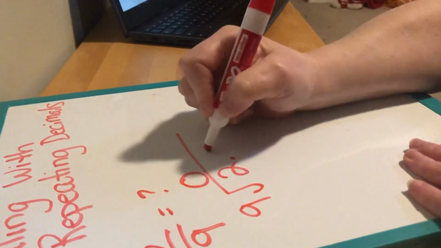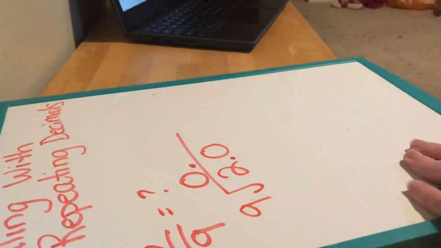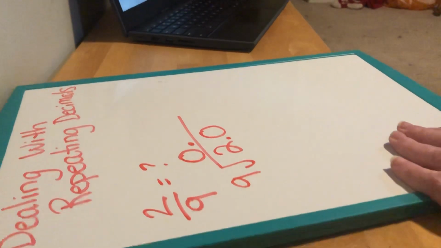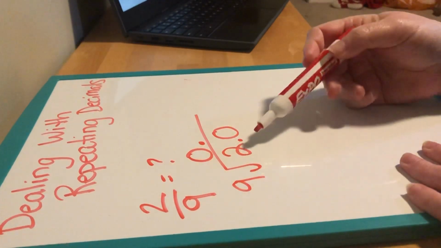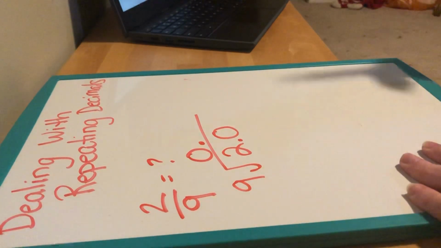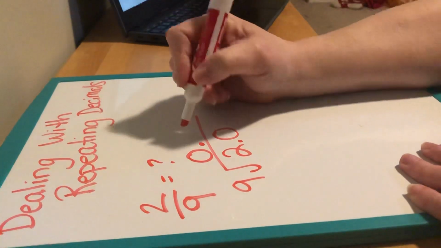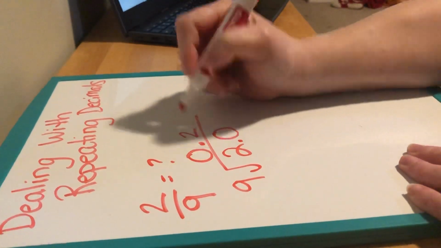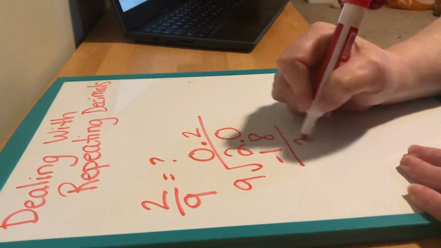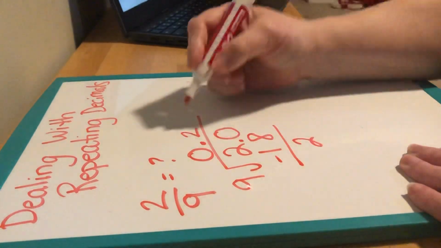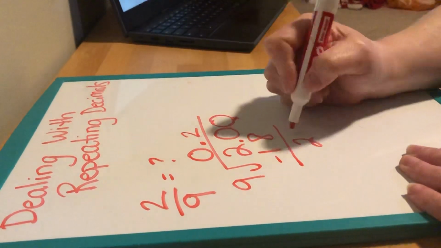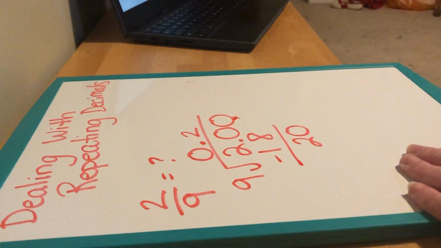I'm going to put my decimal and a 0 here, and I'm going to put my decimal here. So now I need to think, how many times does 9 go into 20? Or 9 times what gets me close to 20? I know that 9 times 2 is 18, and I'm going to subtract them, and I'm going to get a 2. Because this isn't at a 0, I'm going to put another 0 here to continue, and bring down the 20 here.